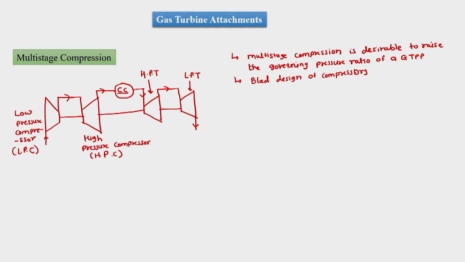And if we can properly design the multi-stage compressor blades, then we can achieve high compression ratio and then higher efficiency of the gas turbine power plant.